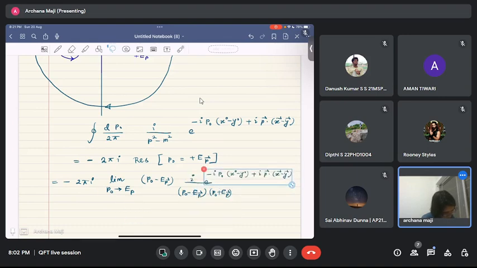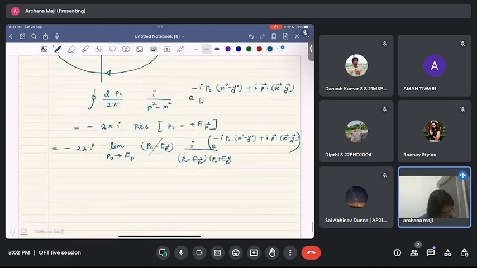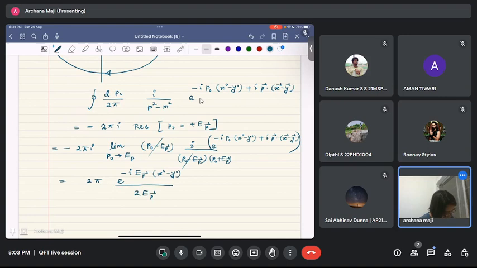Okay, so this gets cancelled out and we replace p0 by Ep. There is i here and minus i there, so we get 2 pi exponential minus i Ep (x0 minus y0), divided by 2 Ep, plus i p dot (x minus y).